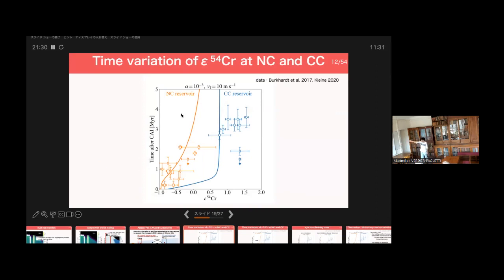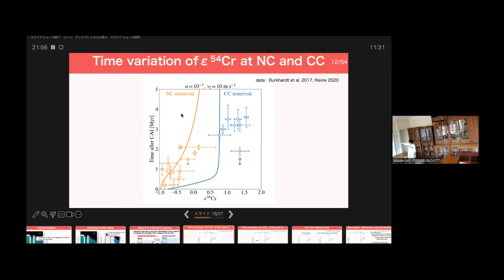As the orange box shows the reservoir for MC non-carbonaceous, the blue plot shows the reservoir for carbonaceous. This picture shows the epsilon chromium value increases with time for the MC reservoir for several million years.